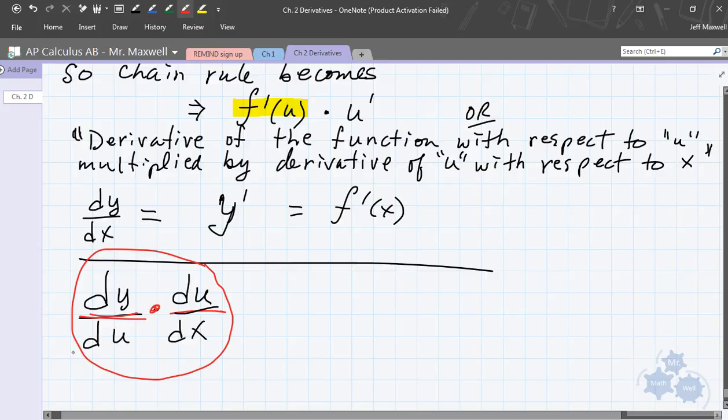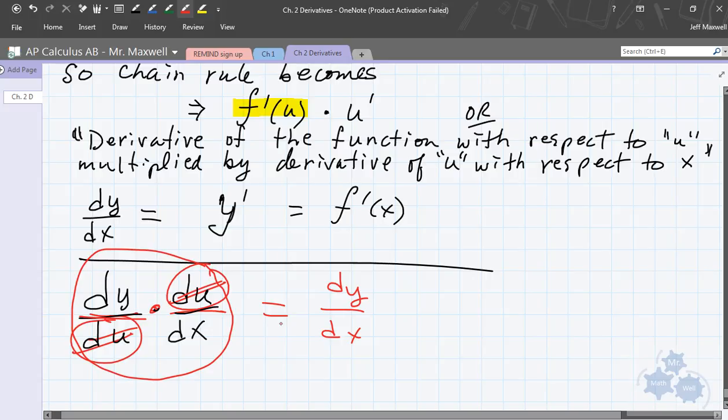And you can actually sort of treat it like a quotient that's multiplied by another quotient. You can treat it like that. And so really, you see how when these sort of semi-pseudo cancel out, you get dy over dx. You see that? You just have to put the u in there, and that's called the chain rule.